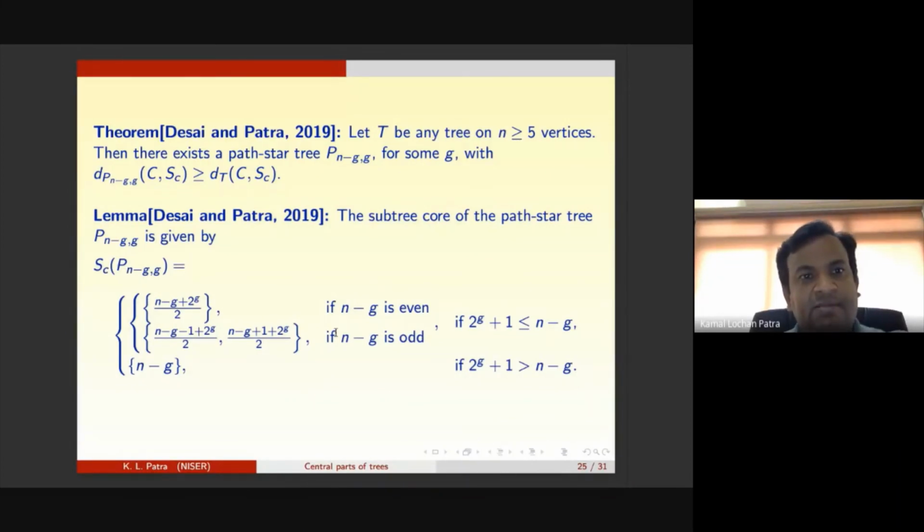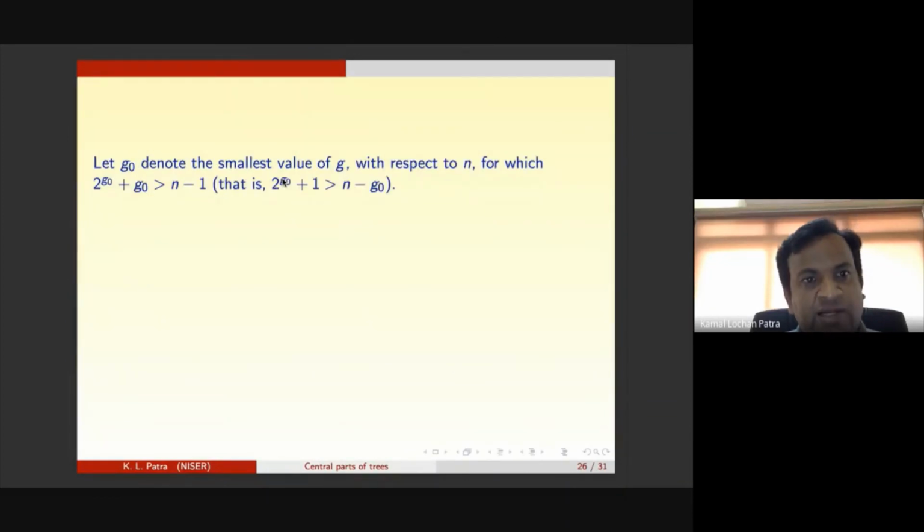And up to this result, we proved what the exact distances are. Let g0 denote the smallest value of g with respect to n, for which 2 to the power g0 plus g0 is greater than n minus 1.